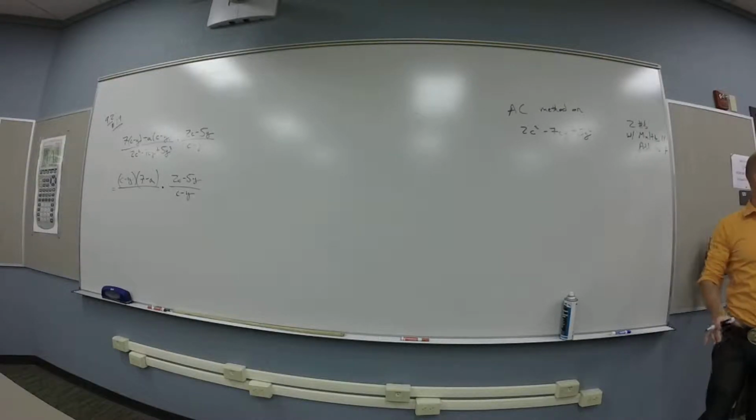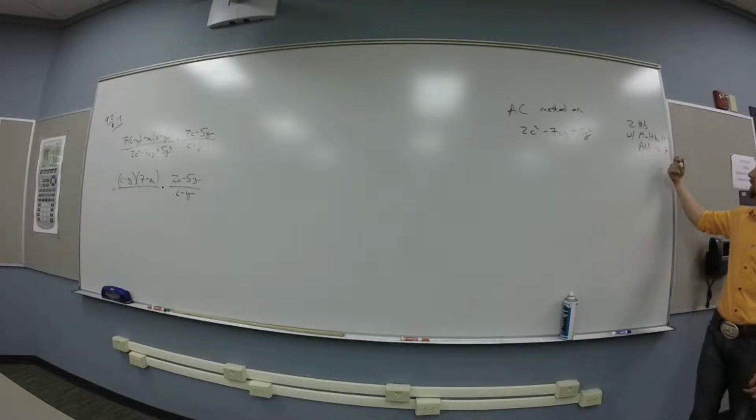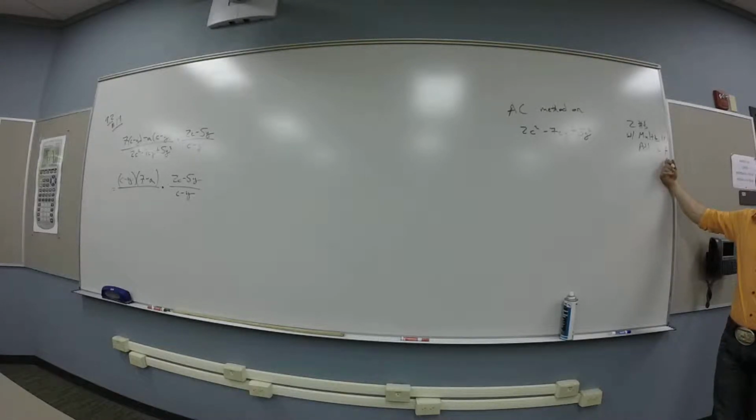I have to remember they could add or subtract, and I'm looking for minus 7, which makes a difference. Let's see. So 5 and 2, negative on both seems to fit the bill.